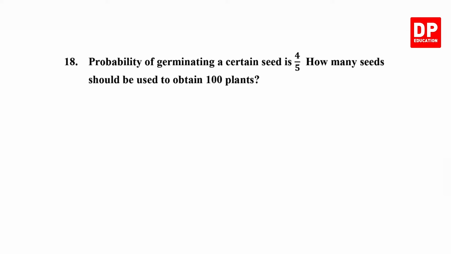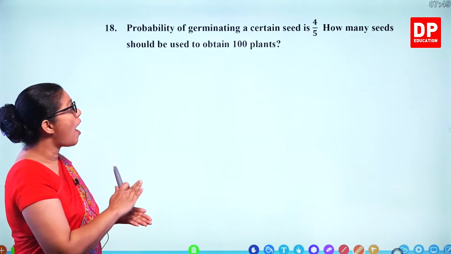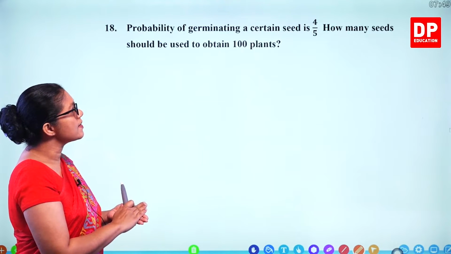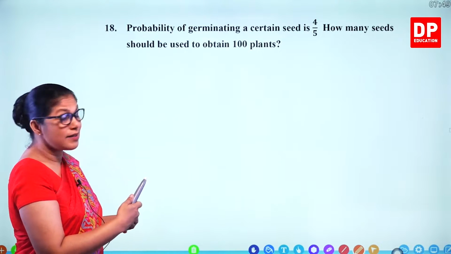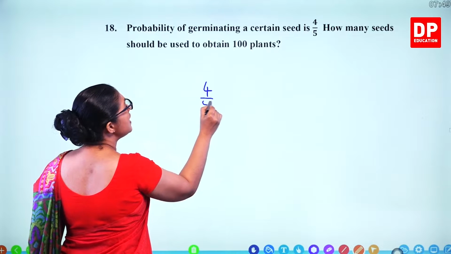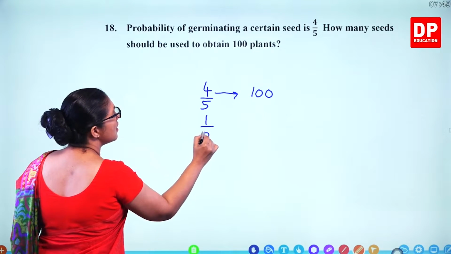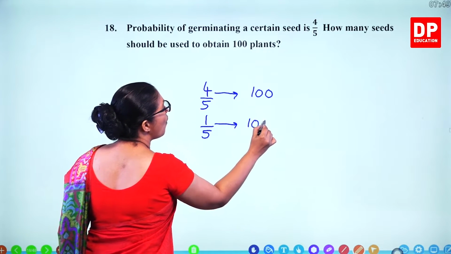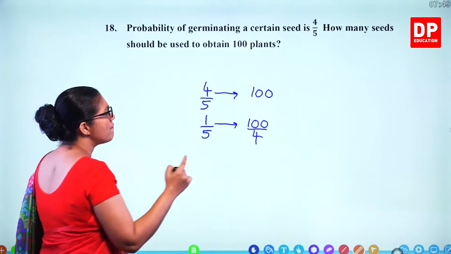Question number 18. Probability of germinating a certain seed is 4 over 5. How many seeds should be used to obtain 100 plants? So 100 plants are the germinated ones, but how many do you have to plant altogether? 4 over 5 means 100. Then one part, you need to divide by 4. And for the total parts, you multiply by 5.